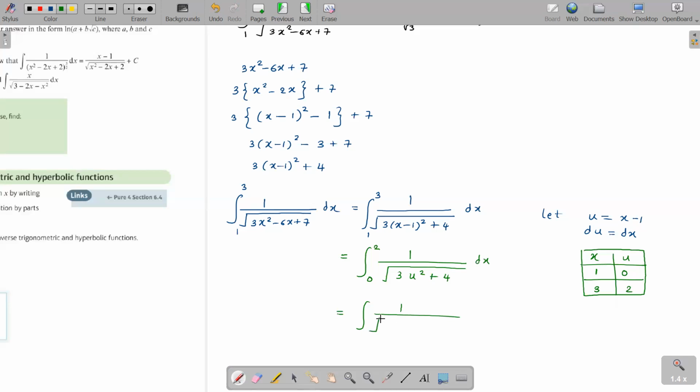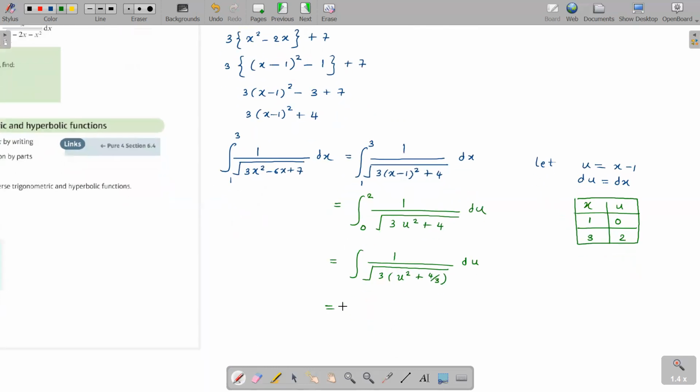Or else let me do it inside. 3 times (u squared plus 4 over 3). This is now du, right? dx becomes du, I changed it to u limits. So taking the 1 over root 3 out, integration of 1 over root of (u squared plus 4 over 3) du.